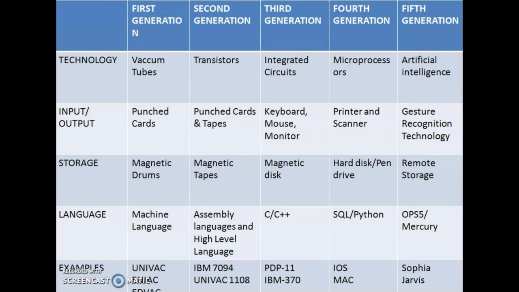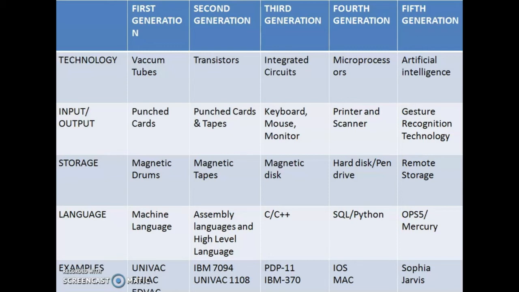The input-output devices used are keyboard, mouse, monitor, etc. And the storage device used is magnetic disk. C and C++ were the languages used in third generation computers. For example, PDP-11 and IBM 370.